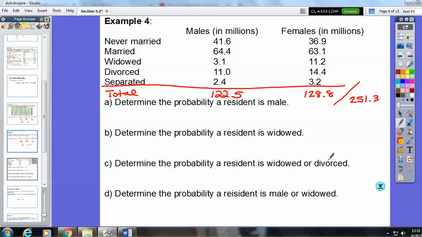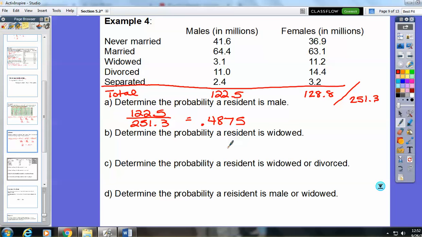So the probability the resident is a male, what would you do? The males out of the total. So 0.4875. Okay.